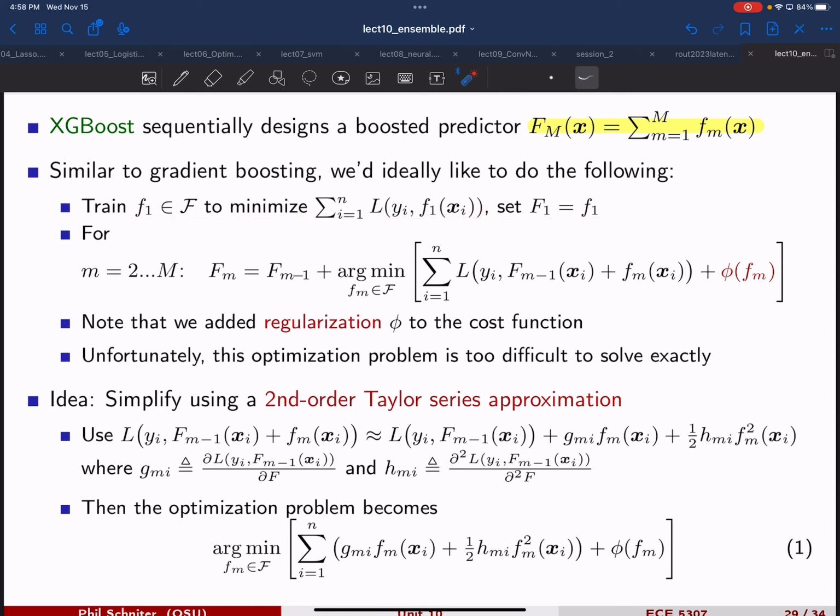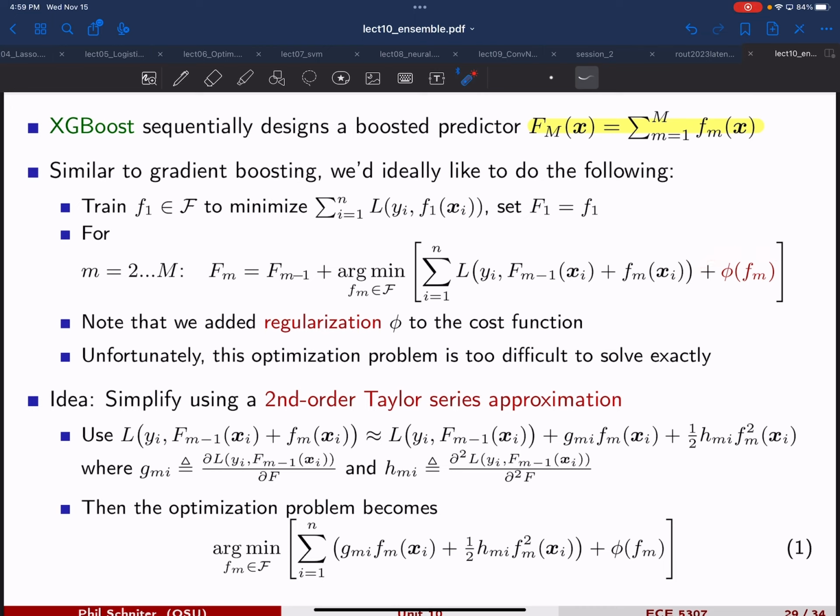And then for all the other stages, we train the base model to again minimize the loss, and then we add it to the previous boosted model to get the next boosted model. So here it's identical to gradient boosting, except there's no alpha m's, but there is something new. There is a regularization term. We'll get into the details of this, but that's the other piece of the puzzle. So they took out the alphas and they added this.